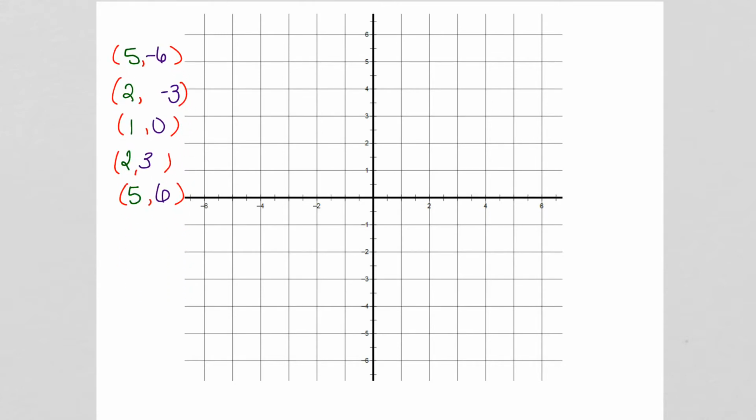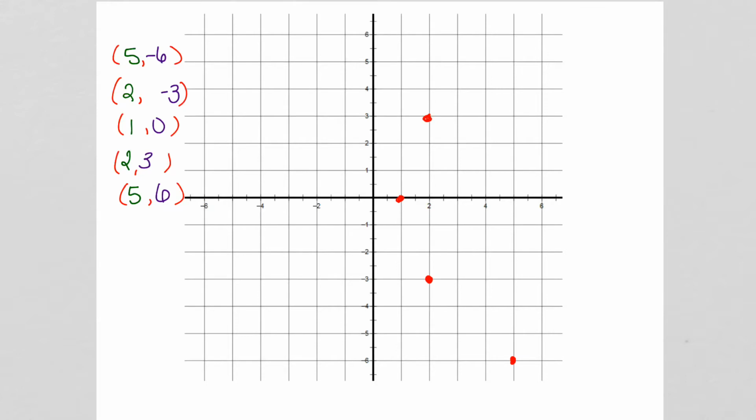So this has enabled us to have a function in terms of x and y, and also in terms of t, which, like I said, most often is time. So we plot 5, -6. 2, -3. 1, 0. 2, 3.